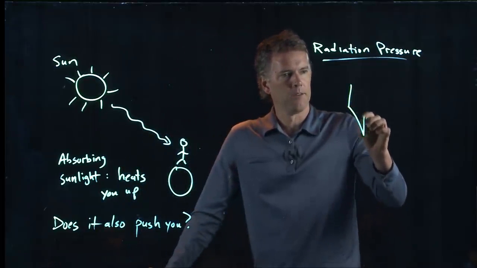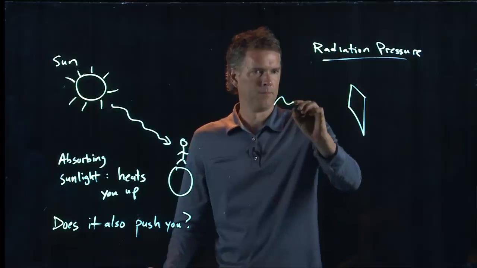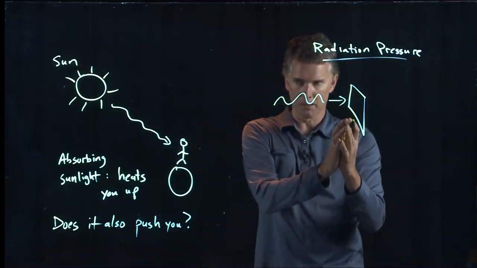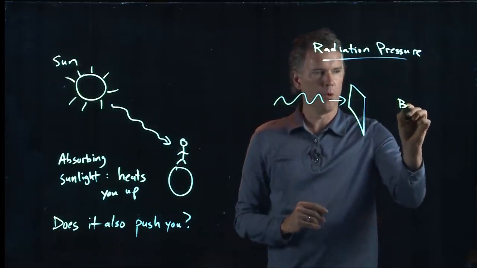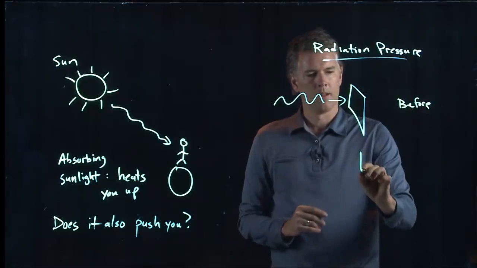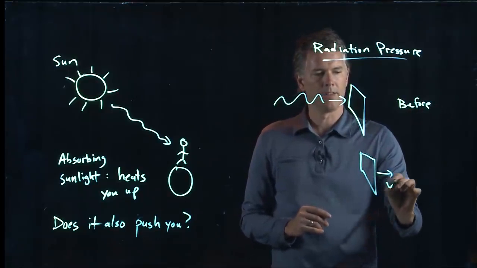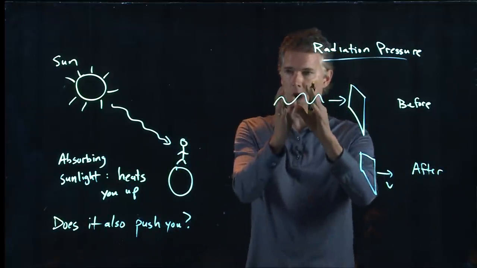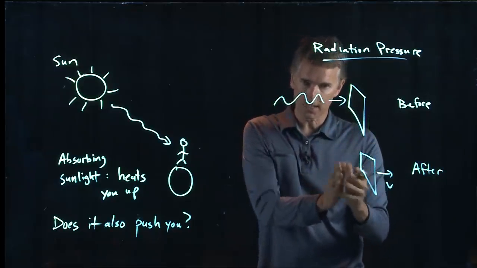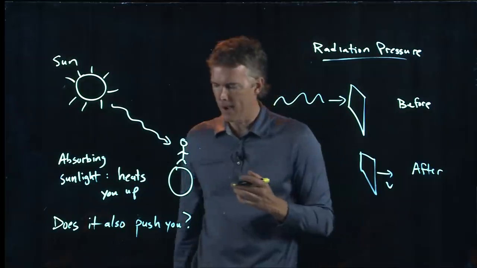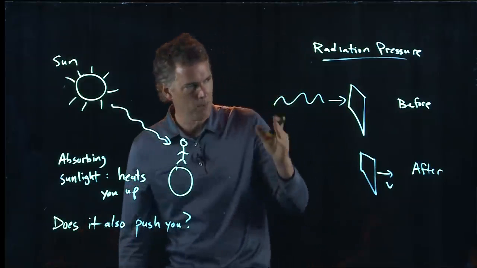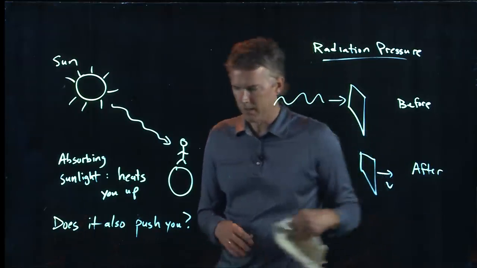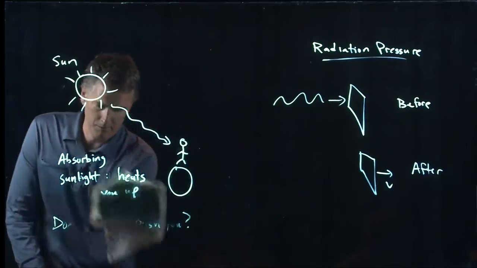So if I think about an absorber, and here comes a wave, and it hits the absorber, and it gets absorbed in the material, if this is the before picture, then after, this thing starts moving. The wave is gone, it got absorbed. The object now is moving. It gets pushed away. So there is a momentum transfer between these two. Okay, and we need to understand exactly how that works.